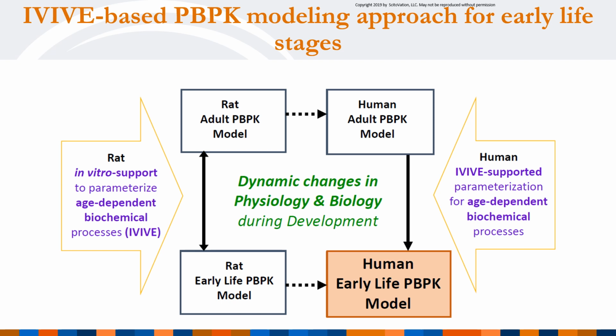Extensive in vitro metabolism parameters and in vivo kinetic data can be developed for different chemicals and used in the rat model to recapitulate the in vivo pharmacokinetic results. The IVIV approach used successfully in rat modeling is then similarly applied to develop the human life stage PBPK model that can be used to predict target tissue concentration in adults and children.